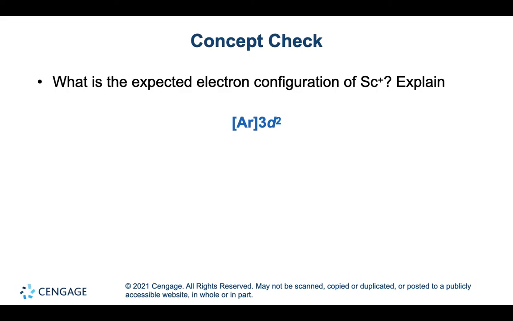So I need to look that up and figure out why it's not the pattern we would expect, because the atom, scandium, is 4s2 3d1. So if you take away 1 electron, you should be taking away 1 4s electron. So it'll be 4s1 3d1. So maybe in class I can have some time before class to get that figured out. Why it's 3d2, not 4s1 3d1.